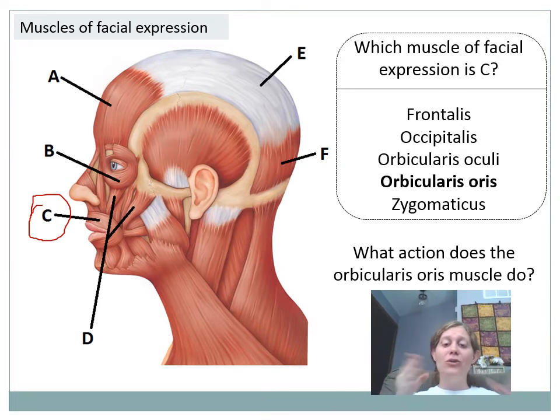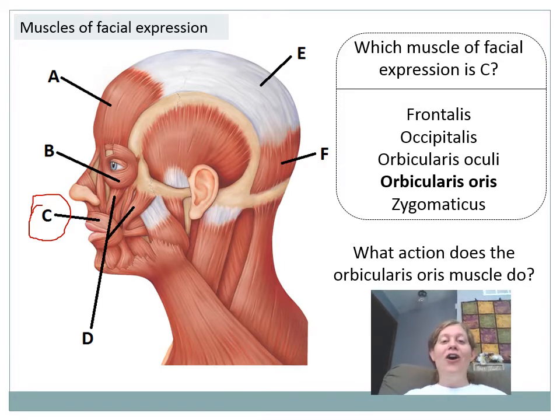Mostly your orbicularis oris is going to help you pucker your lips. And what I mean by pucker, if you take your two fingers and you, like, I think it used to be like, people would do that in selfies all the time, like, so it allows you to pucker. So really what this muscle is typically called is the kissing muscle, because typically you pucker your lips when you kiss.